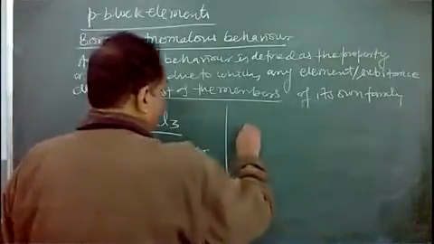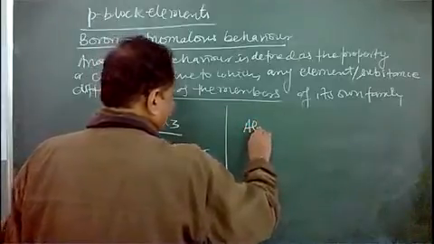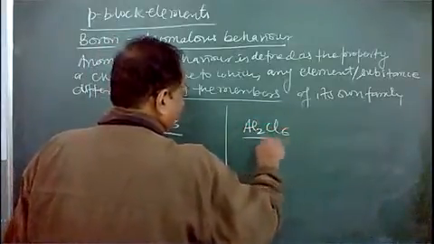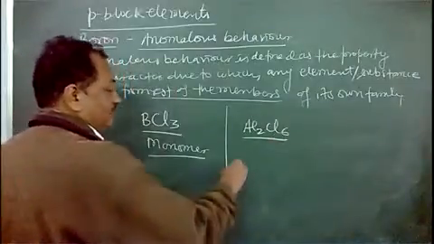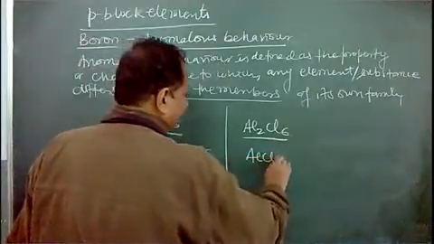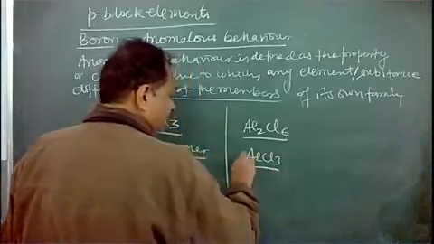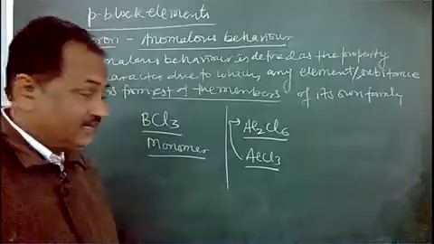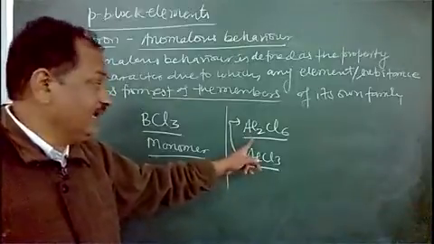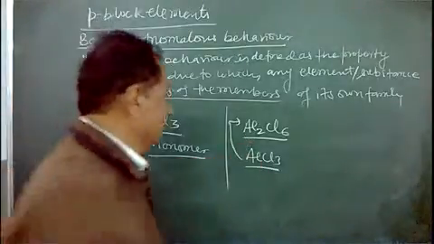Whereas in case of aluminium, it exists as like this. We write AlCl3, but it exists as Al2Cl6.